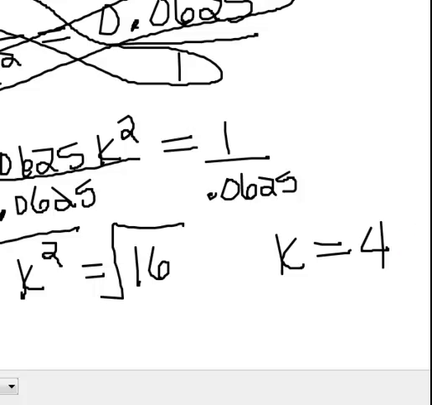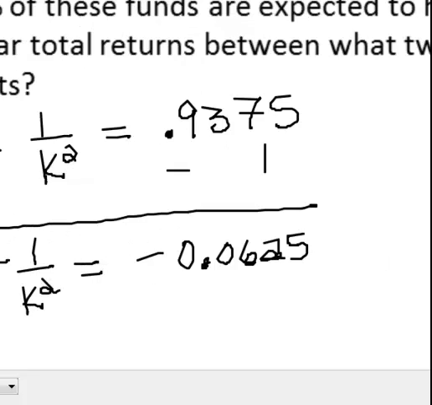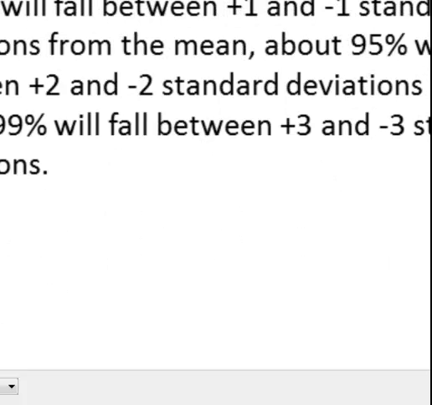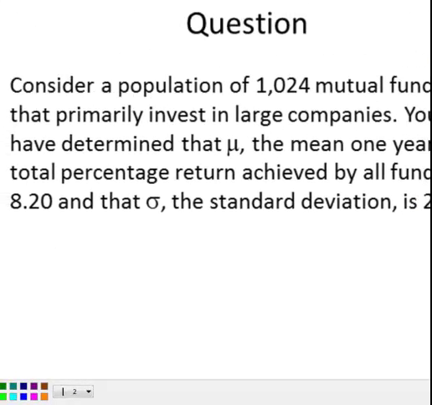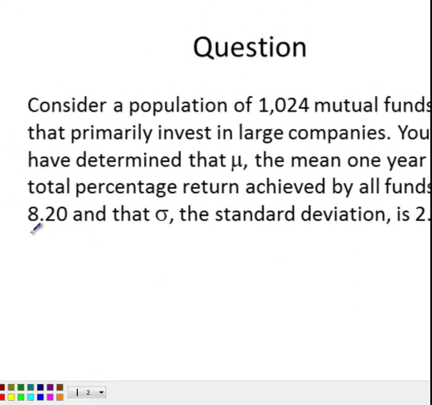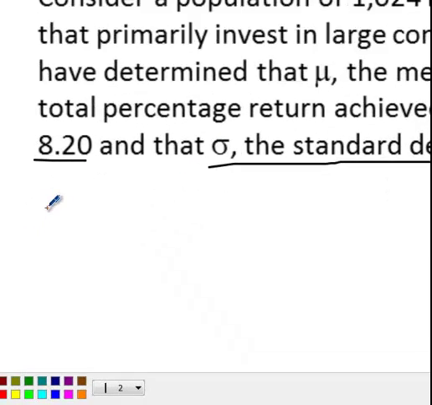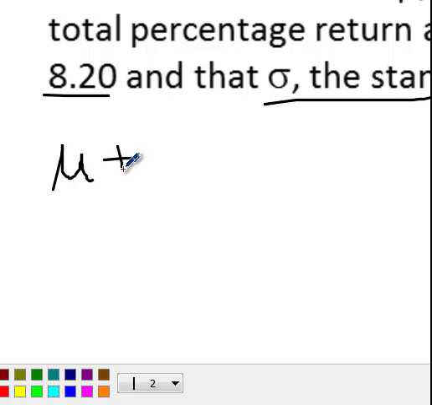Well, if we go back to the problem, the problem told us that the mean is 8.20 and that the standard deviation is 2.75. So since we know that 93.75% is 4 standard deviations out, all we have to do is plug in the mean.